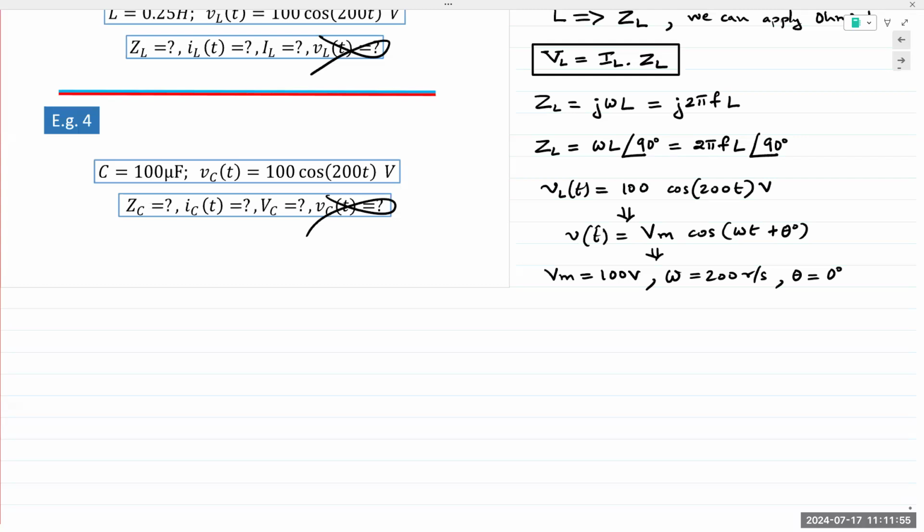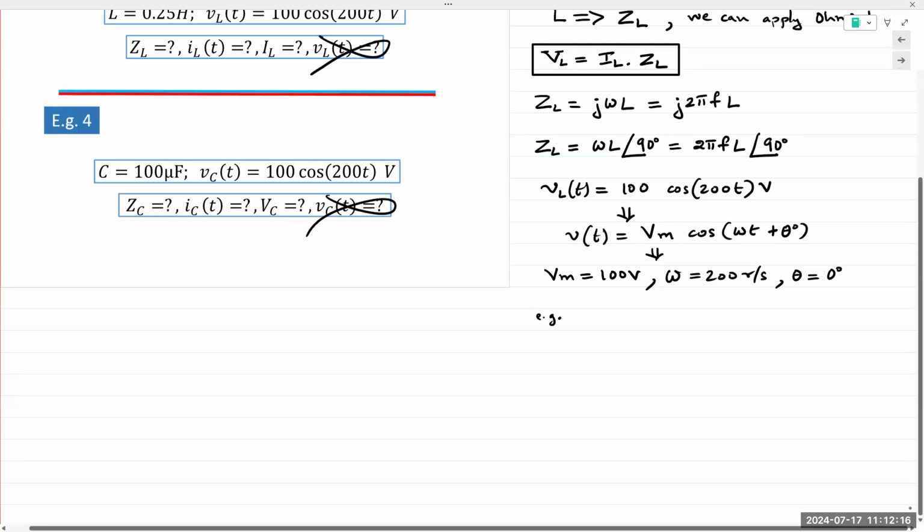Also, keep in mind, if the expression is in sine and not cosine, you must convert it into cosine first before you write down the phase angle.